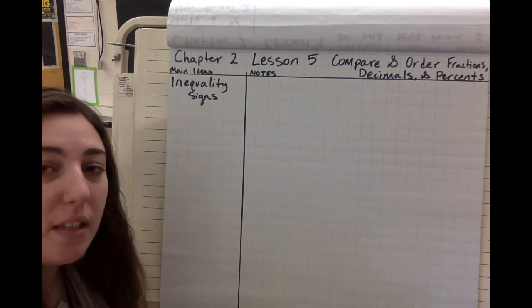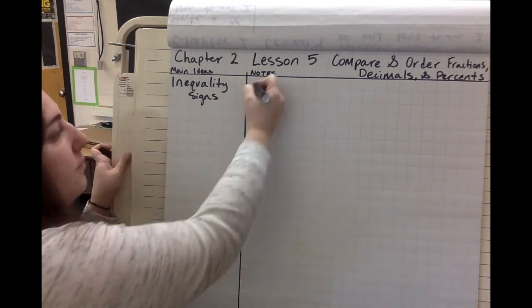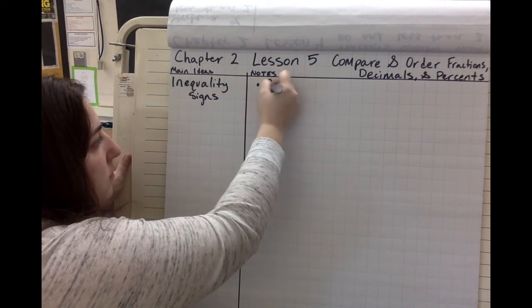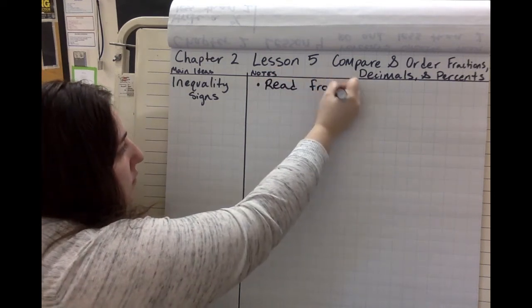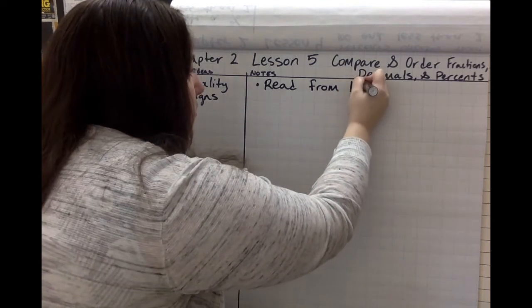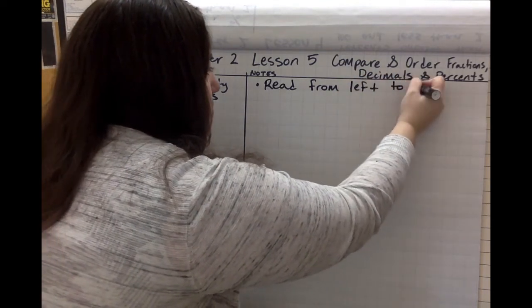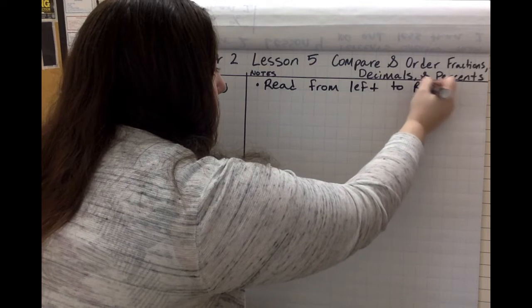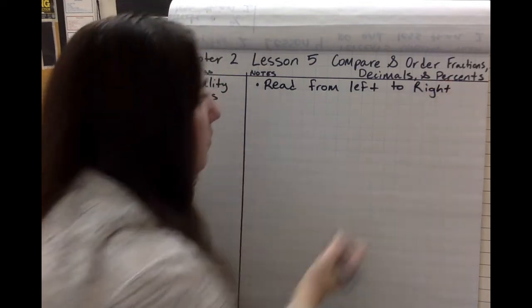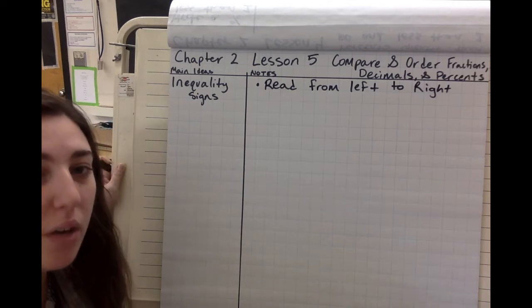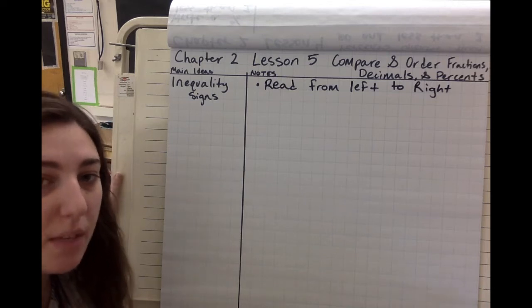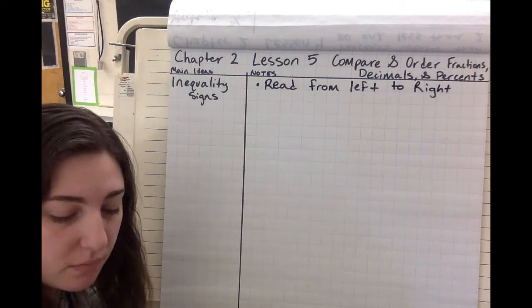We're going to read these from left to right. Okay, that's going to be important for how you understand whether something is larger or smaller.